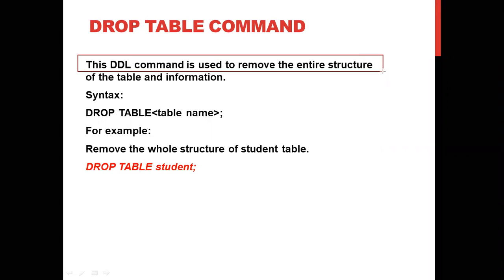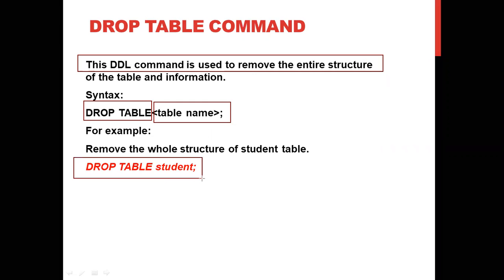If the command is related to the structure, then it is DDL. Then drop table, this is the command, then the table name. Okay. This command will remove the structure of a table with all the data. Okay. Then drop table student. It means the complete table will be destroyed. Okay.